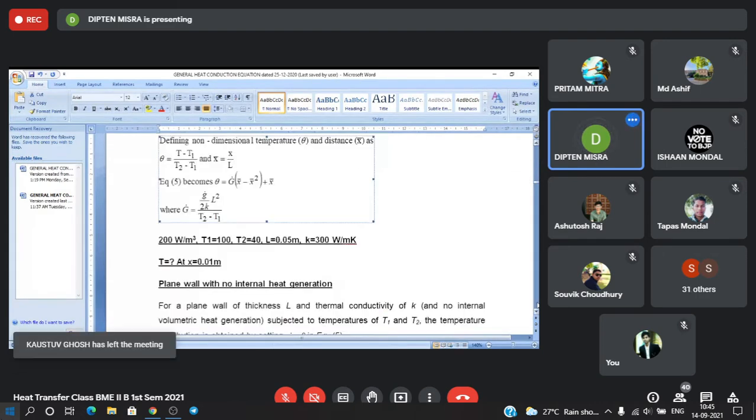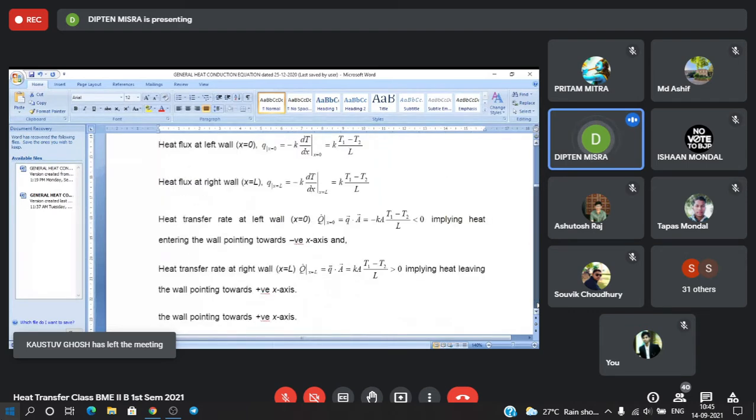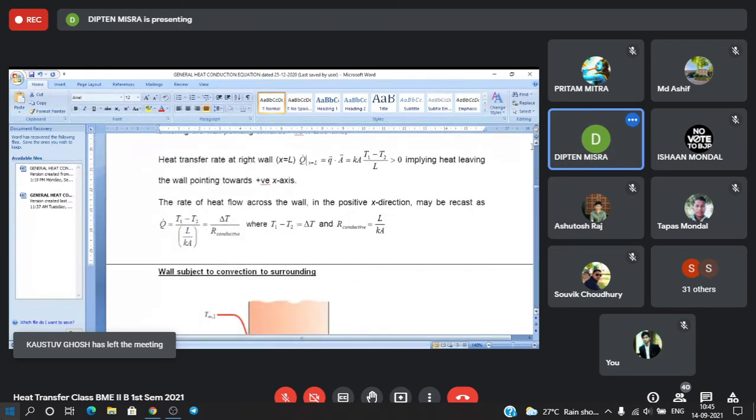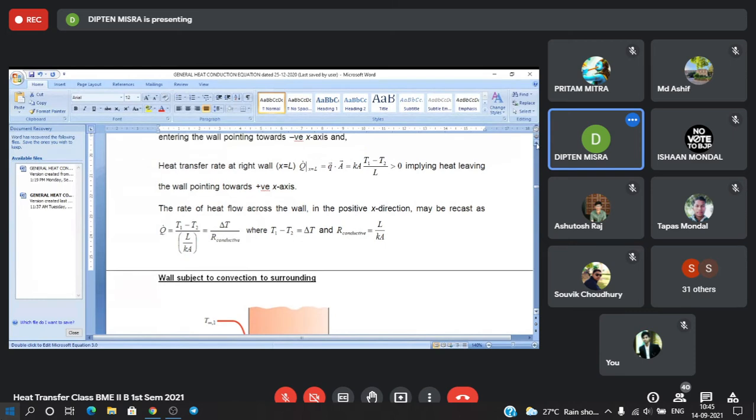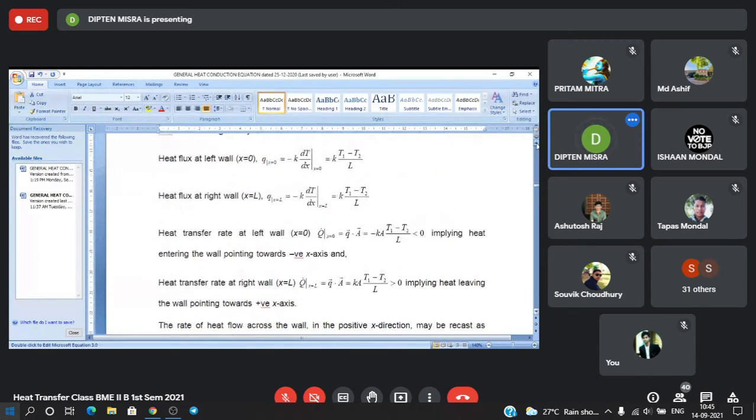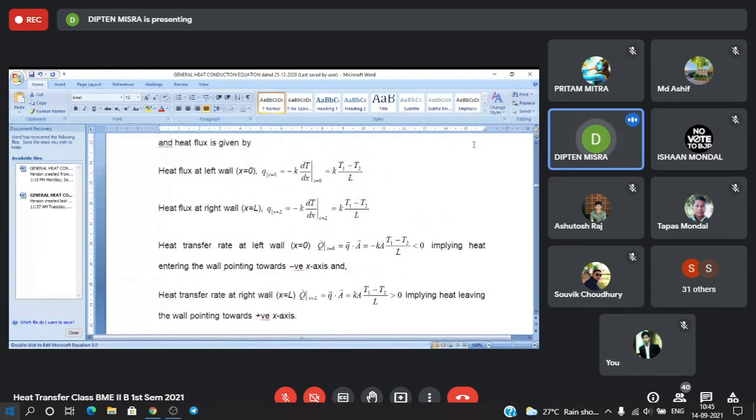And that is given by capital Q dot, which is equal to area into heat flux, that is q at x equal to 0, which is equal to K into A into T1 minus T2 by L, and the same value of Q dot will be applicable for the right hand side of the wall.